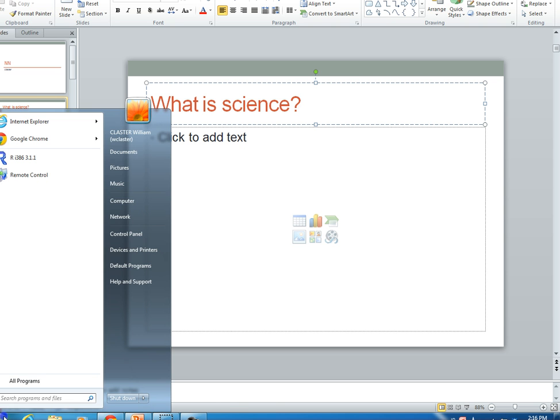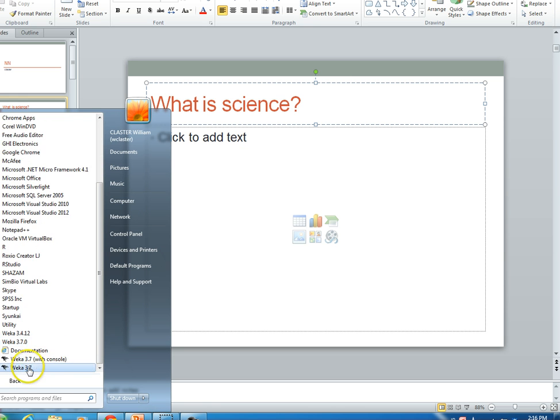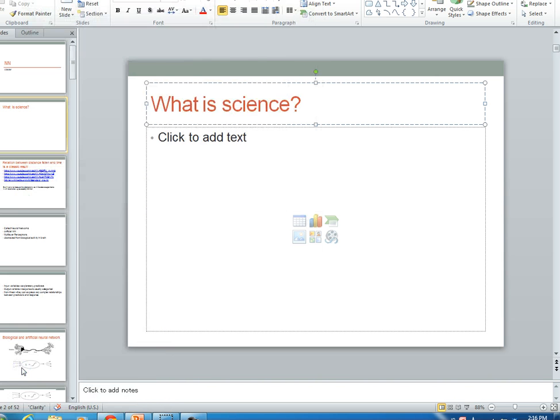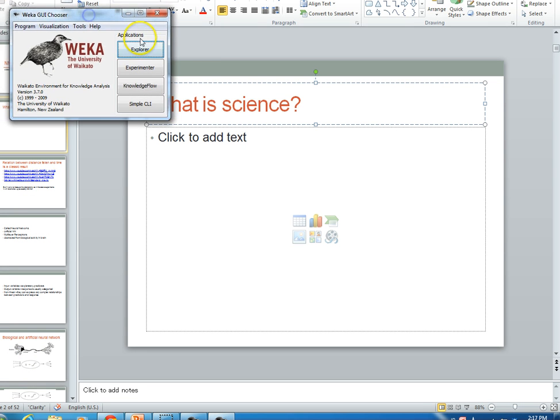So let's open up Weka. Go to whichever version, doesn't matter, but I guess 3.7, if you have it on your computer. And use the Explorer version here, right?